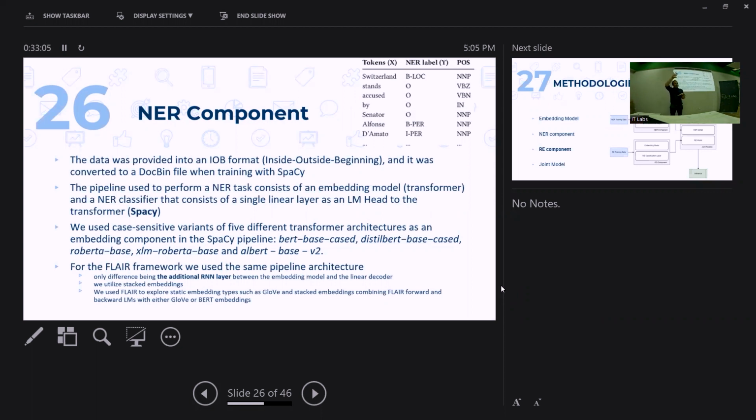So it means that we add a little bit of additional complexity to the problem in order to improve the results. We utilize, as I mentioned, stacked embeddings, so overlaid embeddings. And here we played with non-contextual embeddings, with contextual Flair forward and backward embeddings, or BERT embeddings, which are also contextual embeddings.